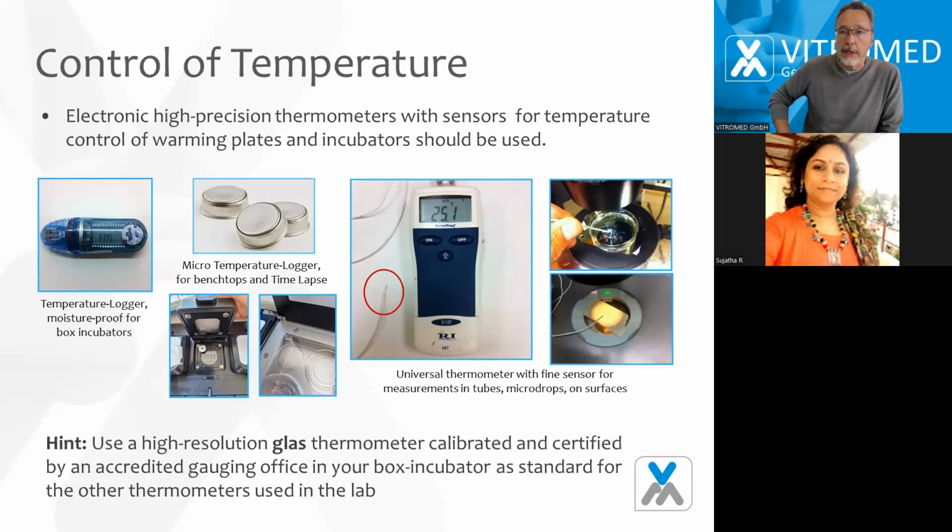And so we always have a really precise measurement of the temperature in the box incubator. And if the temperature of your incubator is correct at 37 degrees, you can check other thermometers. You can calibrate them against this high precision glass thermometer. This is a good thing and very helpful.